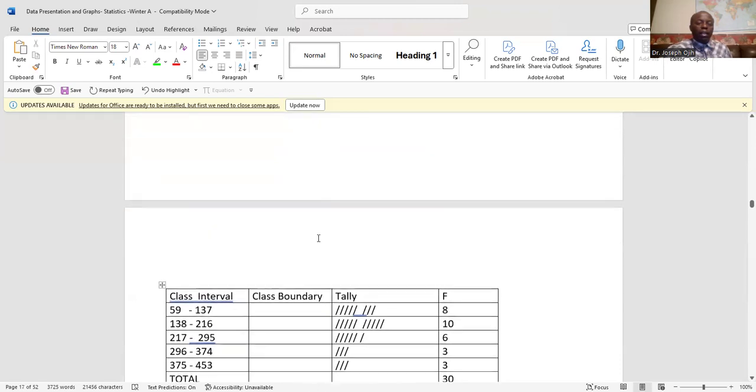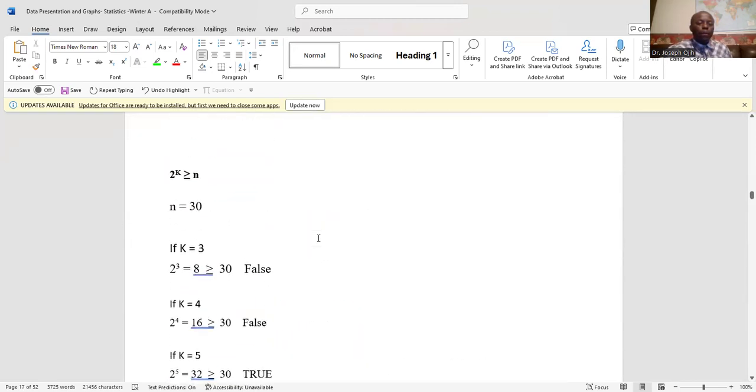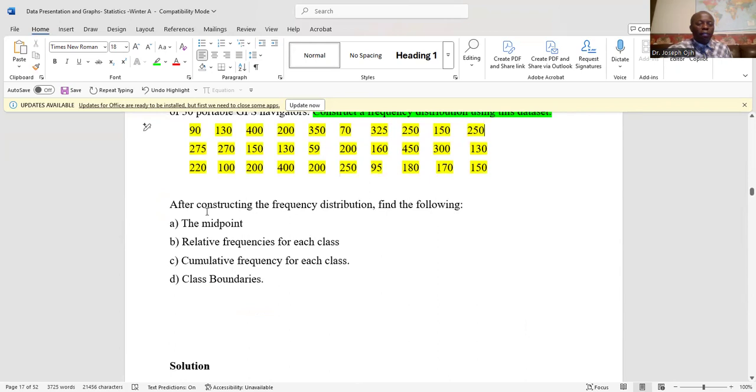Now it says again, after constructing the frequency distribution, find the following. Find the midpoint, relative frequency, cumulative frequency for each class, then class boundary.